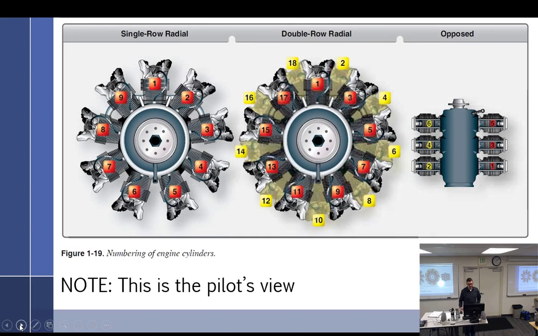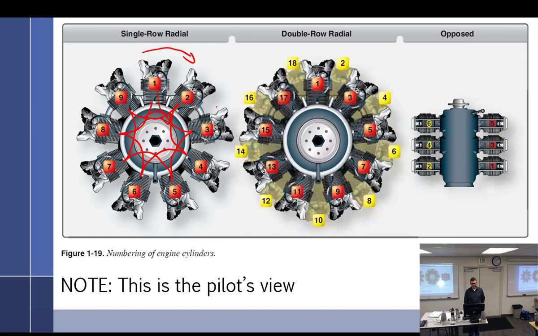So if we're looking at this, and if this turns to the right, that looks good. If it's turning to the right, I am looking at this from a pilot's perspective. And the way it fires is 1, 3, 5, 7, 9, 2, 4, 6, 8, 1.